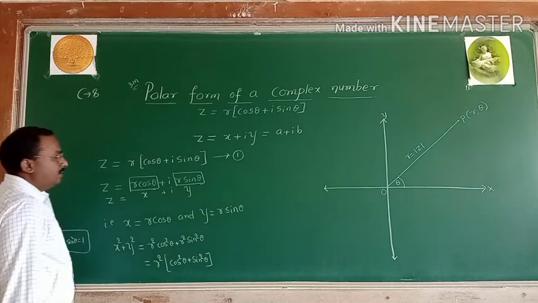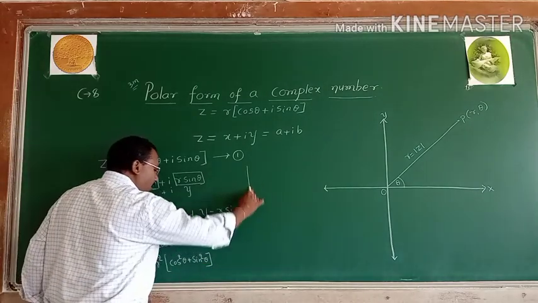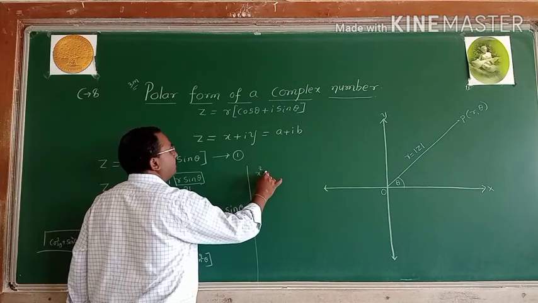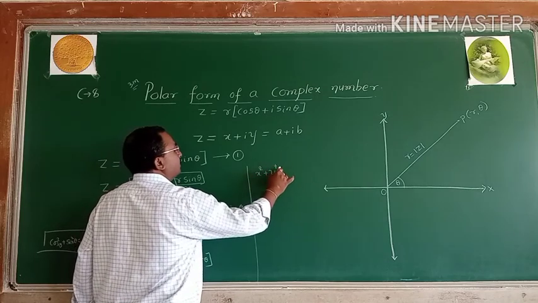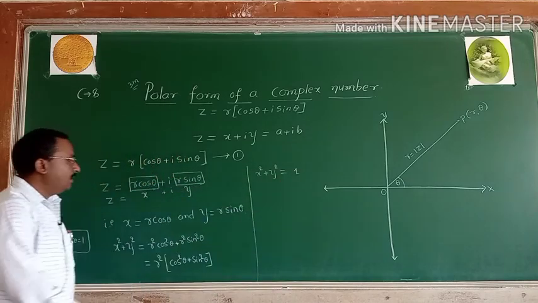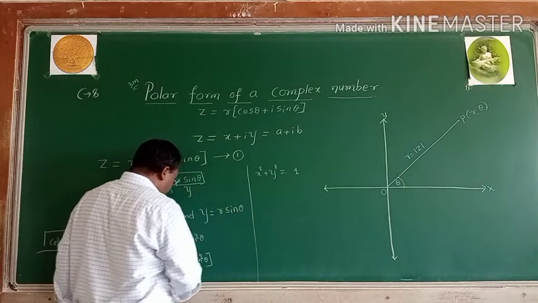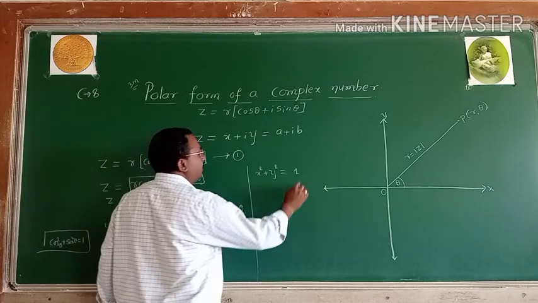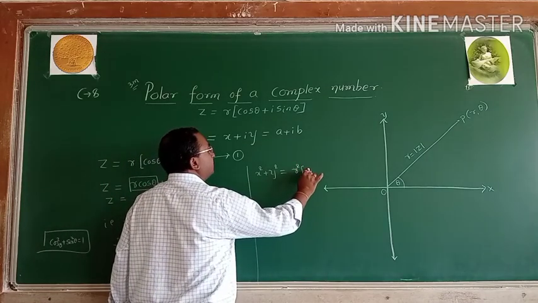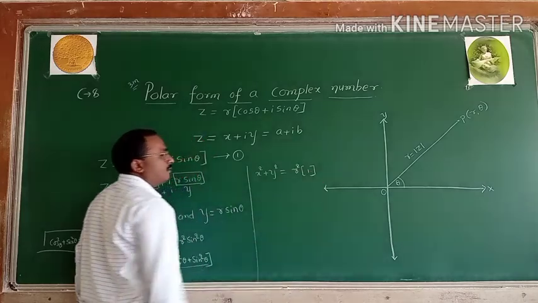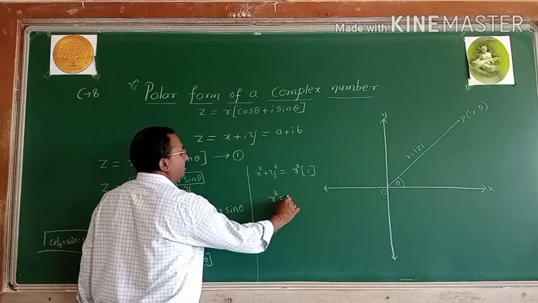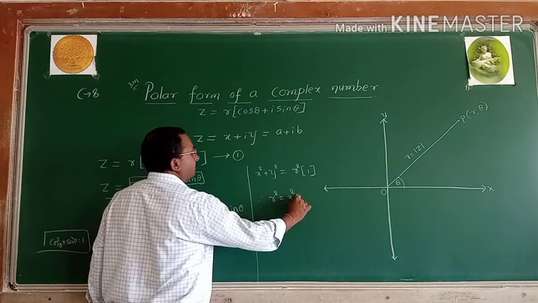Therefore r square is equal to x square plus y square.